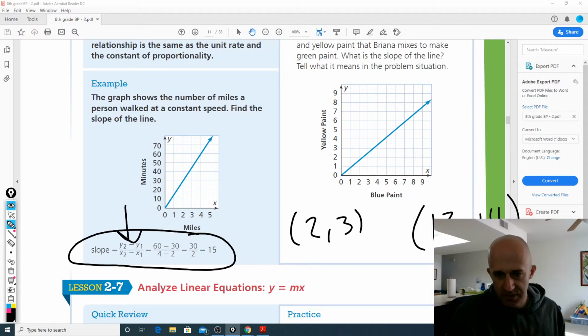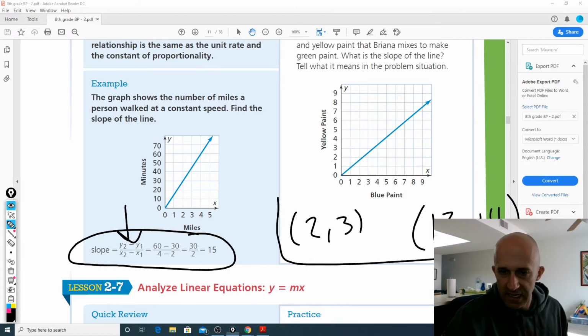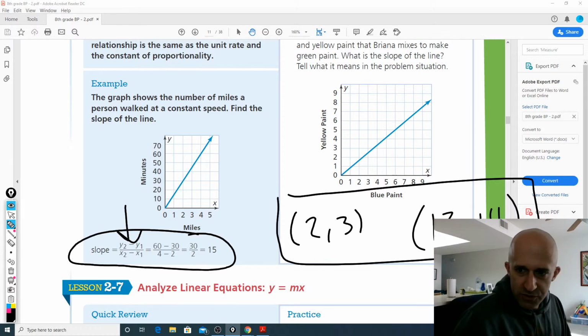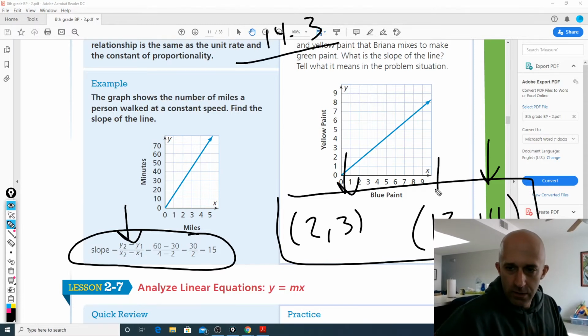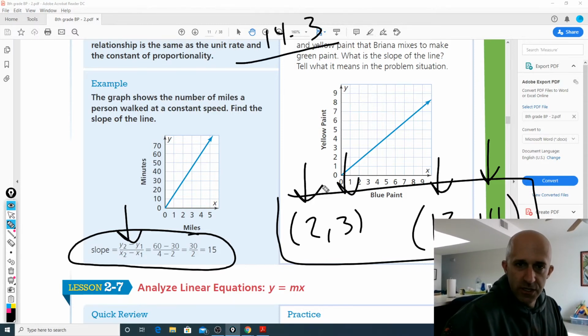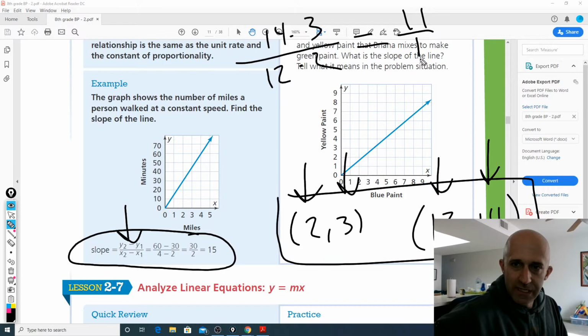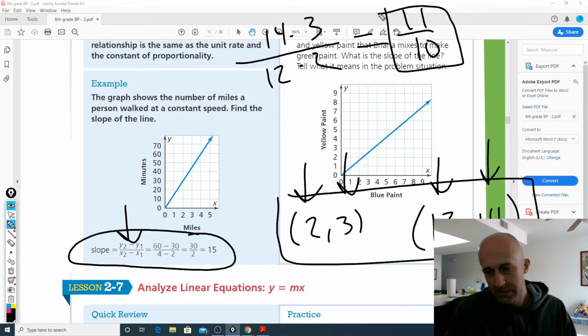If we're using these 2 points, you take your change in y over change in x, starting with your y's. You're going to take 14 minus 3 over your change in x, 12 minus 2. 14 minus 3 is 11. 12 minus 2 is 10. Your slope is 11 over 10.